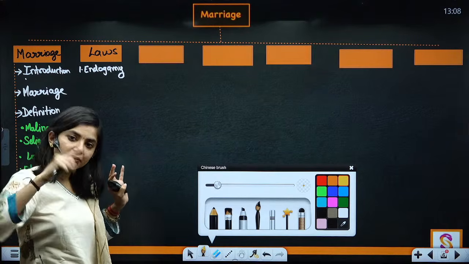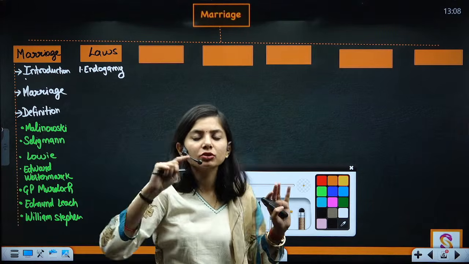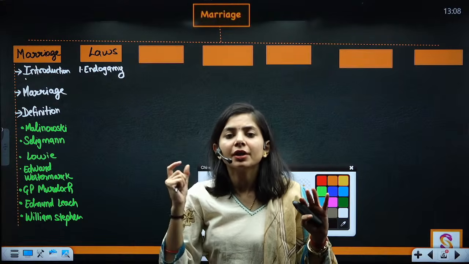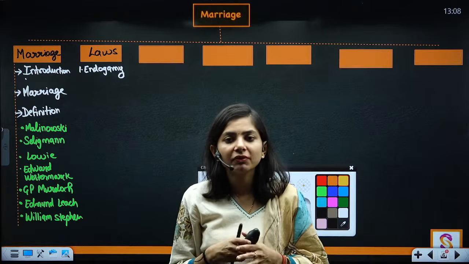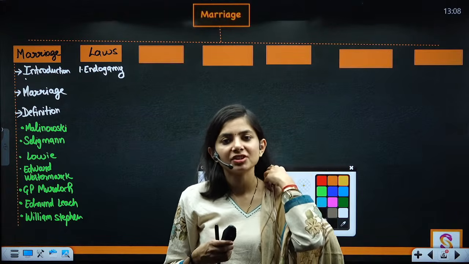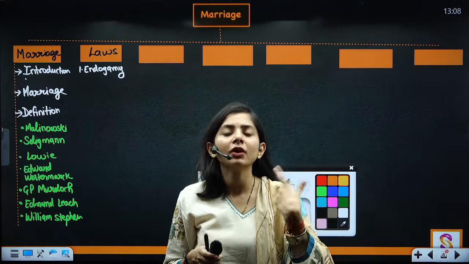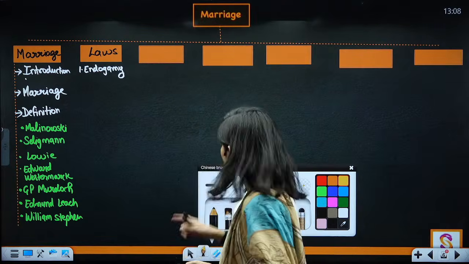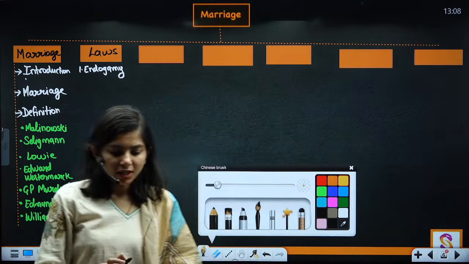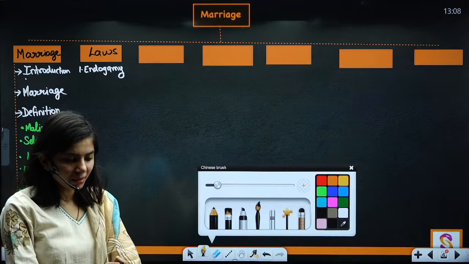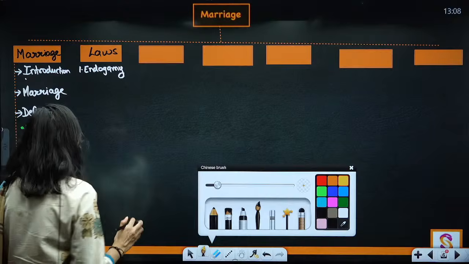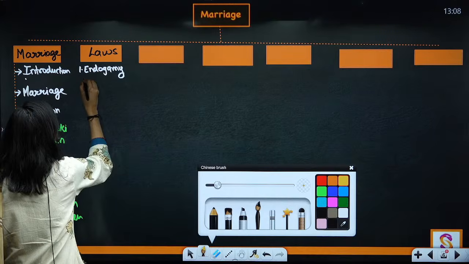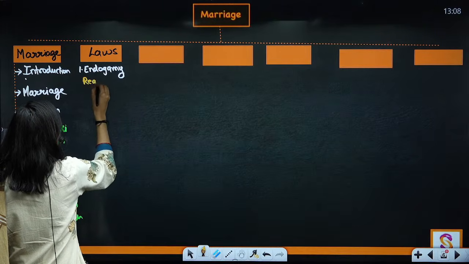Another thing: wherever you are mentioning an example, you should use a red color pen, so that the color coding will work, and wherever you see the red color pen, it is for examples. Fine. Okay, so in terms of endogamy, you would be mentioning the basic reasons for the same. So for extra, you would be mentioning reasons for endogamy.